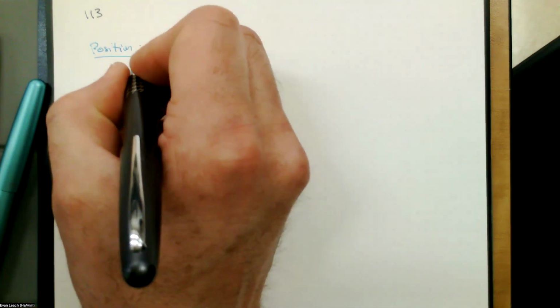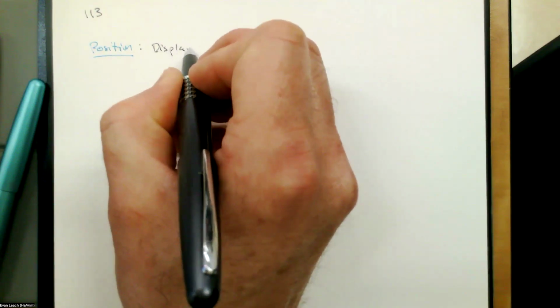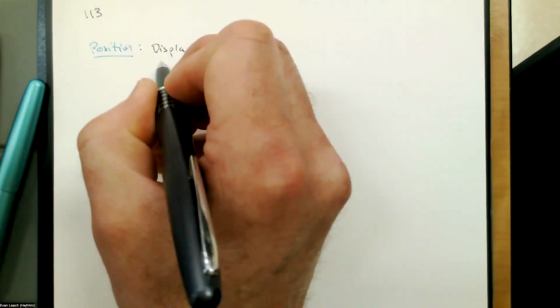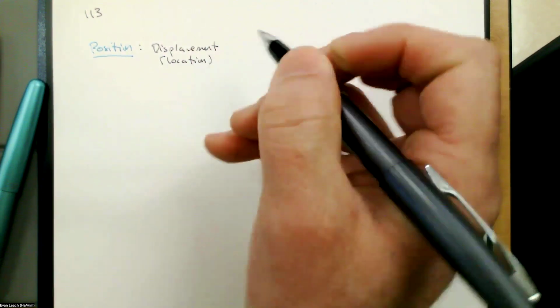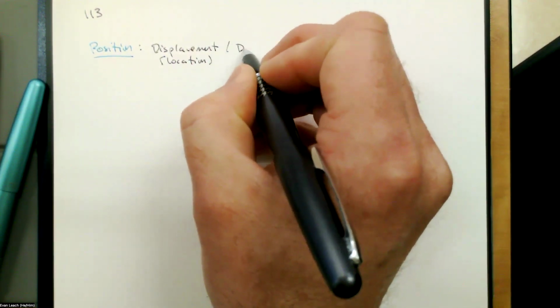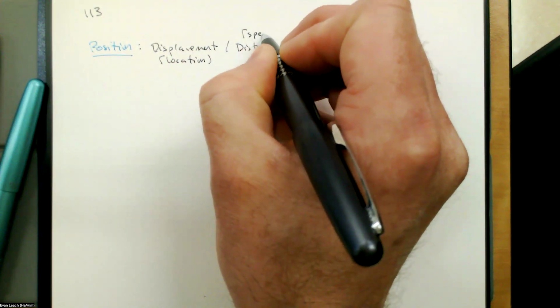So position will come in two different varieties. Displacement, which we could think of as location, and distance. This is going to be related to speed.